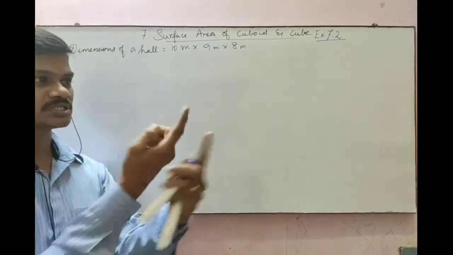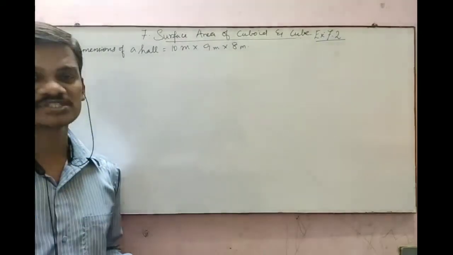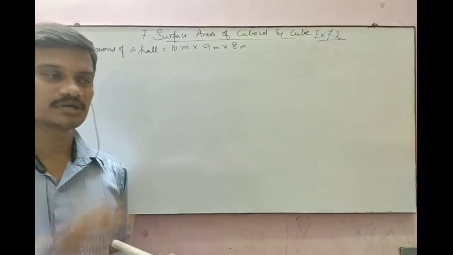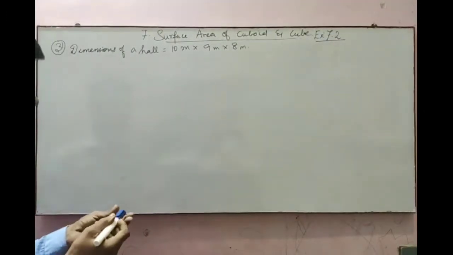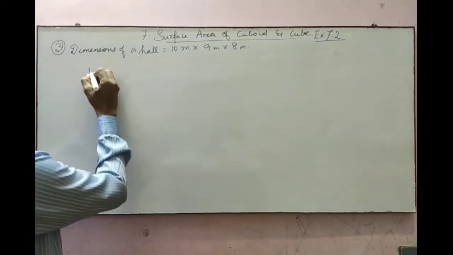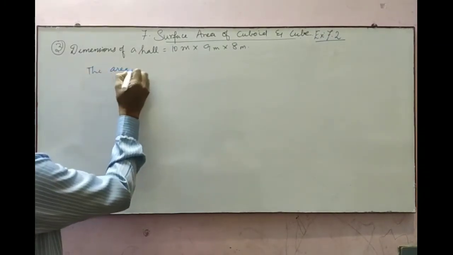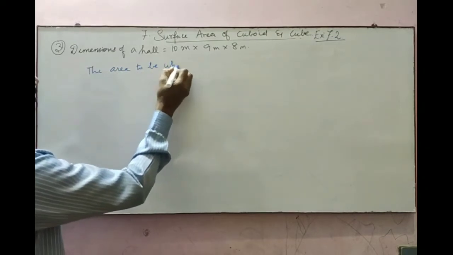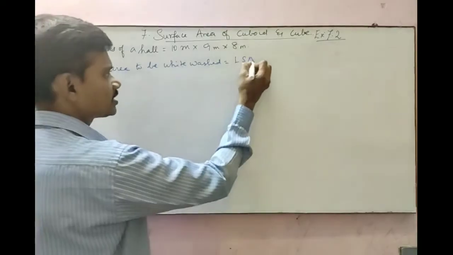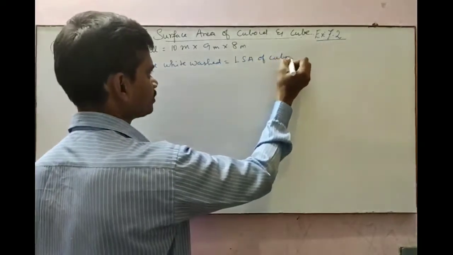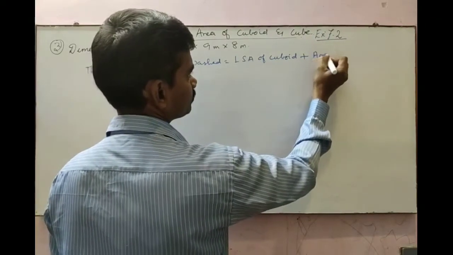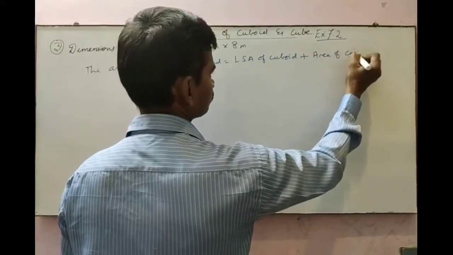4 walls means the lateral surface area. Then the ceiling means the top area, that is L into B. So the area to be whitewashed is equal to LSA of cuboid plus area of the ceiling.